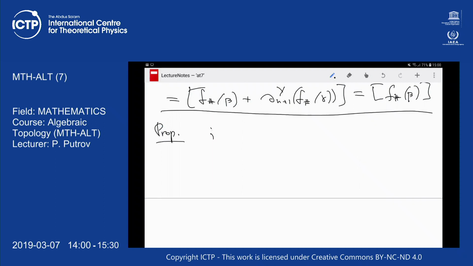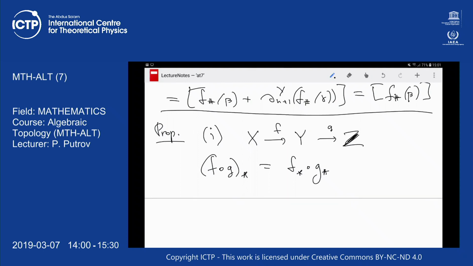In particular, suppose we have a map f from X to Y and a map g from Y to Z. Then if we take first the composition and take its push forward, it is the same as the composition of the push forward homomorphisms.